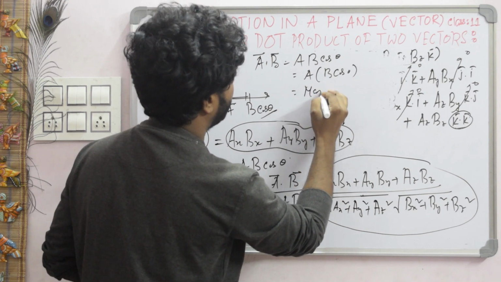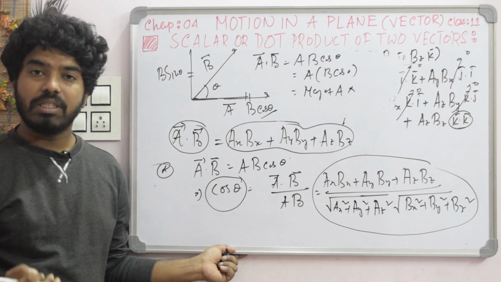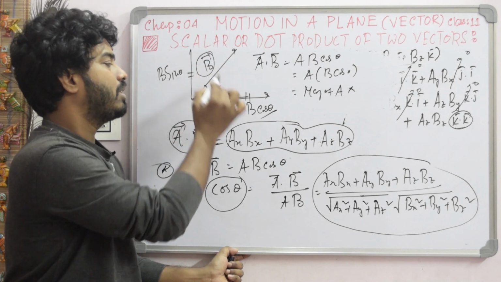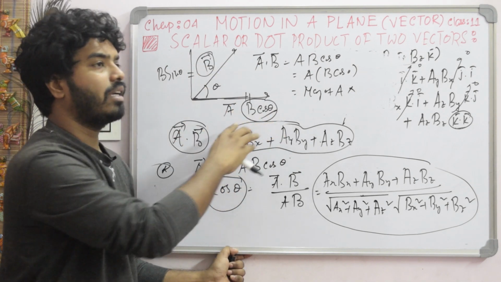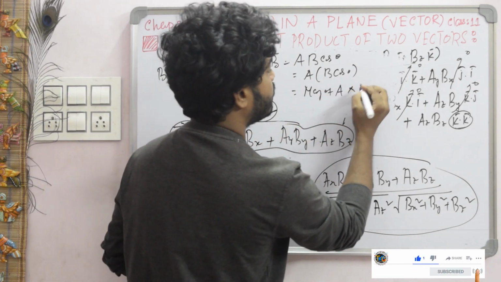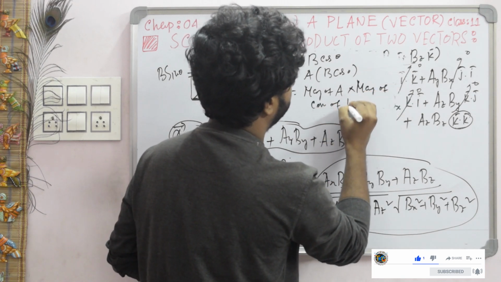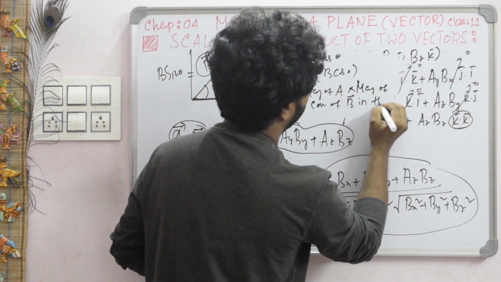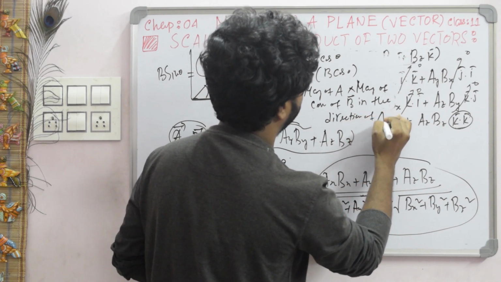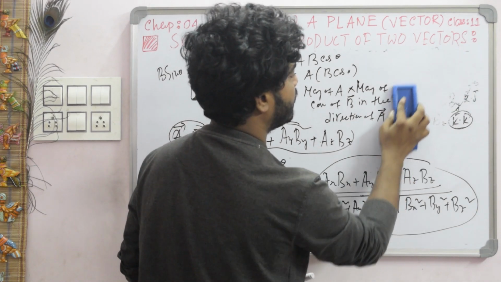So a is the magnitude of vector a, into b cos theta. b cos theta is the magnitude of the component of vector b in the direction of vector a.